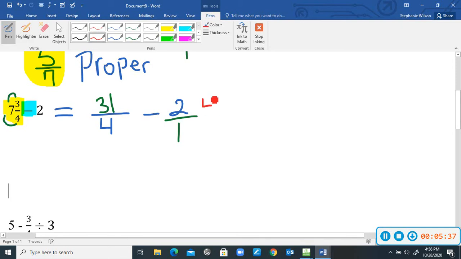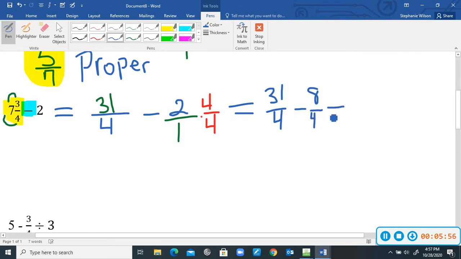So I got to multiply top and bottom by this one fraction to get the 4 in the denominator. So now I have 31 over 4. I have 2 times 4, which is 8. 1 times 4, which is 4. And I'm almost done. What I'm going to go ahead and do is write my 31 minus 8 all over 4. So now I can say 31 minus 8 gives me 23.